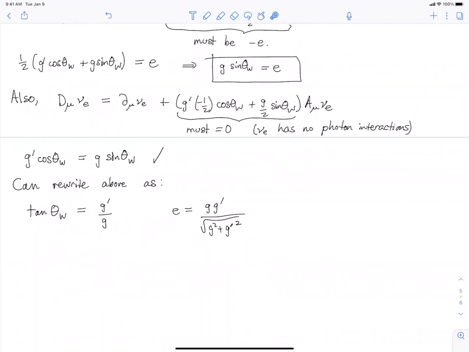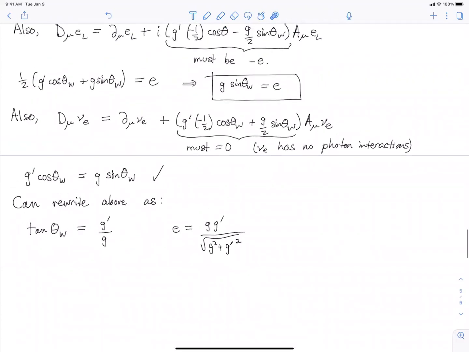So other things you can do with that is now you can solve for example, sine theta W. That's G prime over square root of G squared plus G prime squared. And cosine theta W is G over the square root of G squared plus G prime squared.